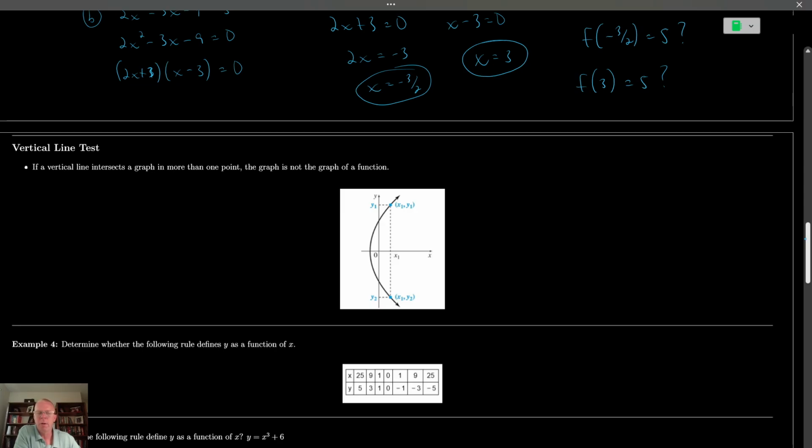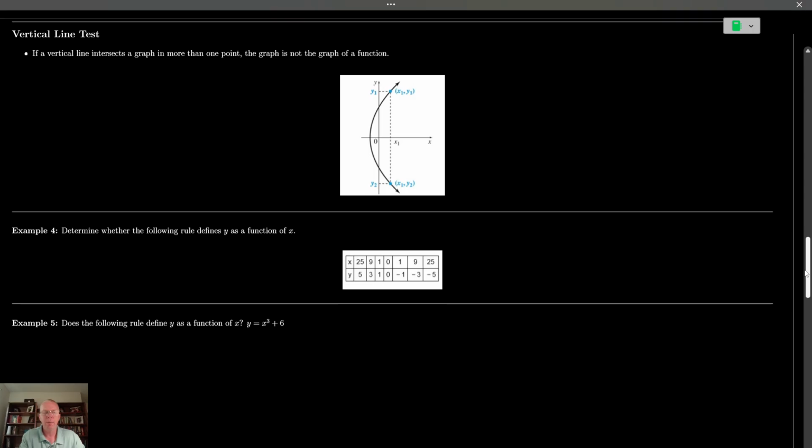So that doesn't work. So that's why the vertical line test works. Because if a vertical line touches this twice or more than once, then you have x going to multiple y's, which is not allowed.